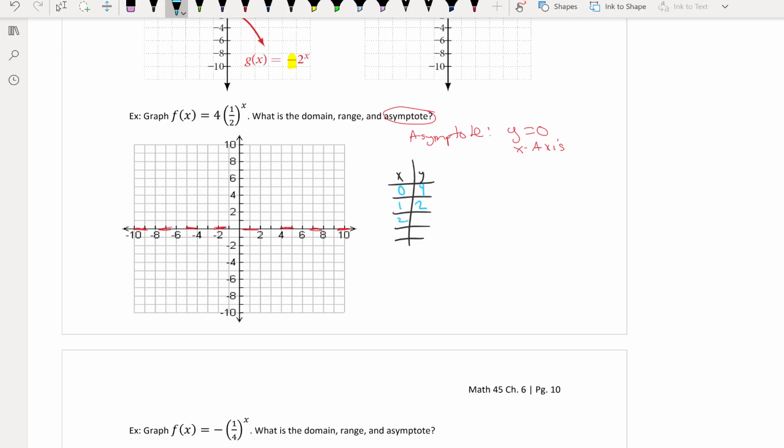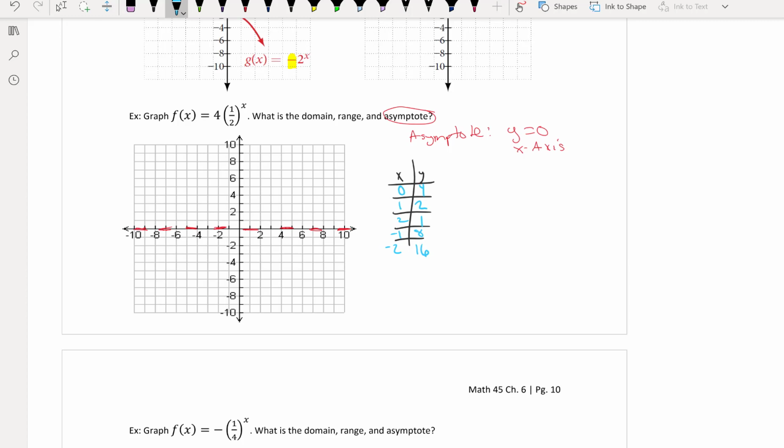I have a 2, 1. I also have a -1 that goes to a +8. And I have a -2 that goes off to a +16. So as my x values get more and more negative, my y values get bigger and bigger. Okay, so that's something nice to know.